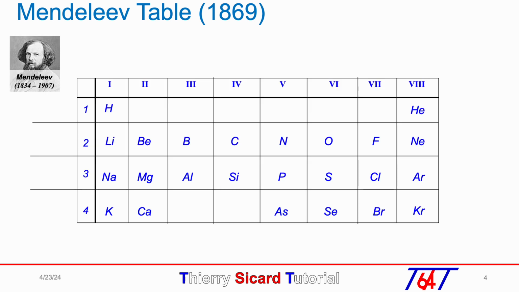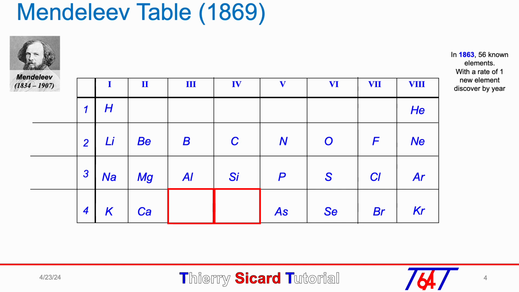In 1863, 56 elements were known, with a discovery rate of 1 new element per year. Several scientists were working on a periodic table, but they filled all the cases of the table, while Mendeleev had the genius idea to keep some empty cases, see the red rectangle, because he thought that the element was not yet discovered.